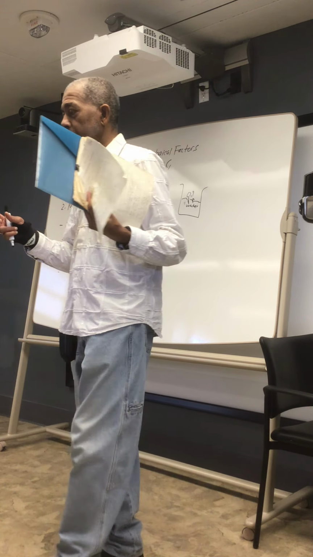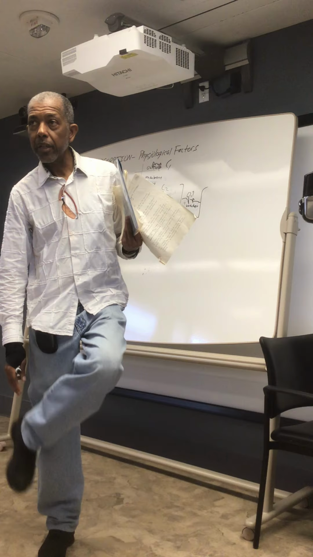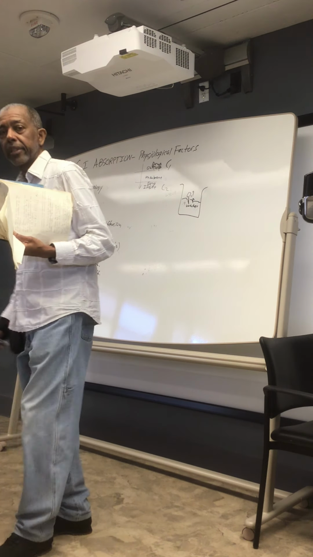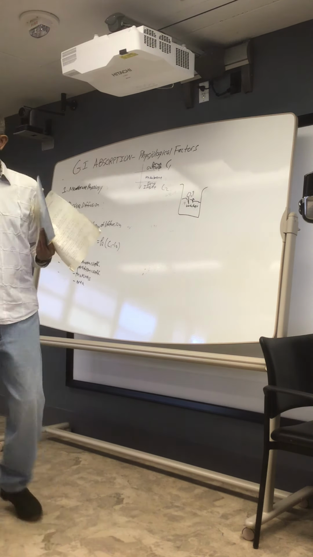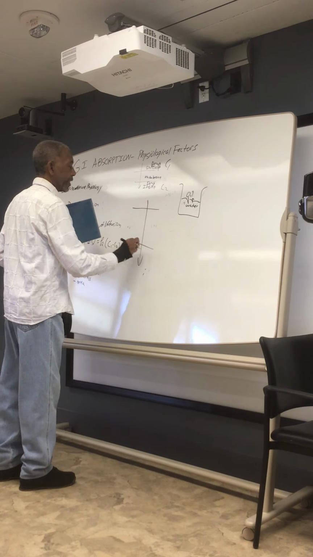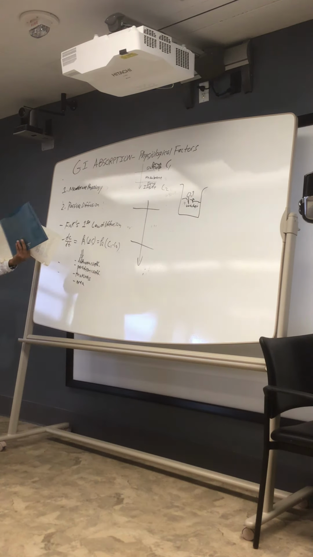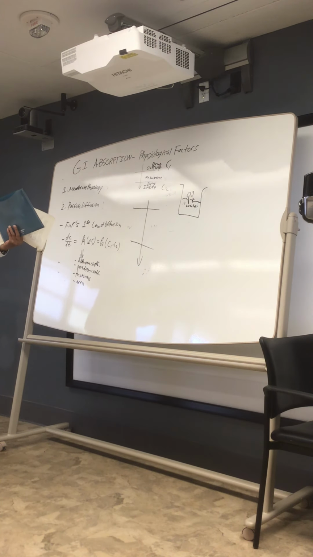The face, probably, because the skin on the sole of the foot is thicker. Right, so if the drug is going across this membrane versus a thicker membrane like that, it's going to get across this one faster if everything else is the same. So the thickness of the membrane is important.